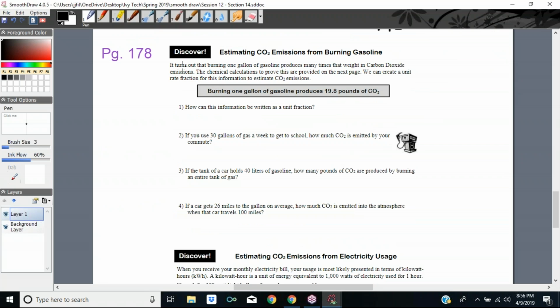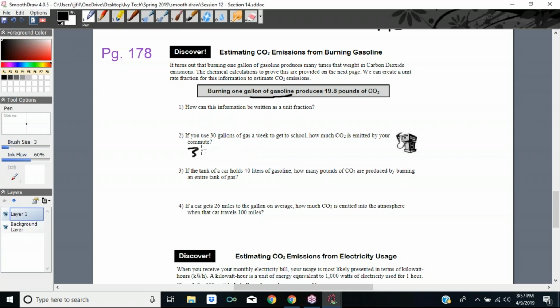So let's see, in your book we have this idea of burning 1 gallon of gasoline and producing 19 pounds of CO2. And so let's just look at a couple of these examples, and then we'll look at the electricity ones, because the calculations are basically the same for these. So this first one says, we're talking about gallons of gasoline.